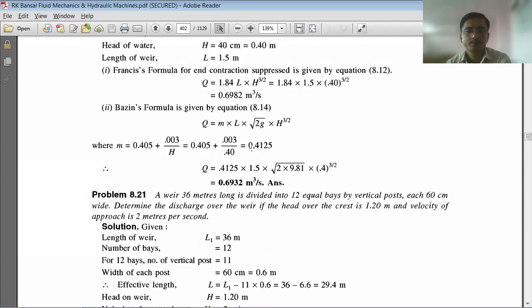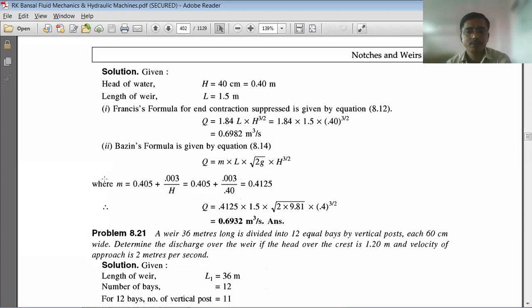Let us solve the next problem here. Write down. A weir 36 meter long is divided into 12 equal bays by vertical posts, each 60 centimeter wide.